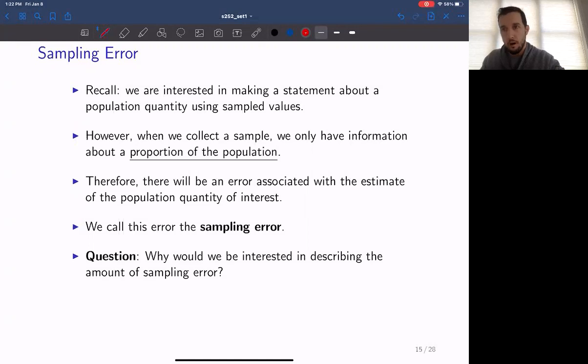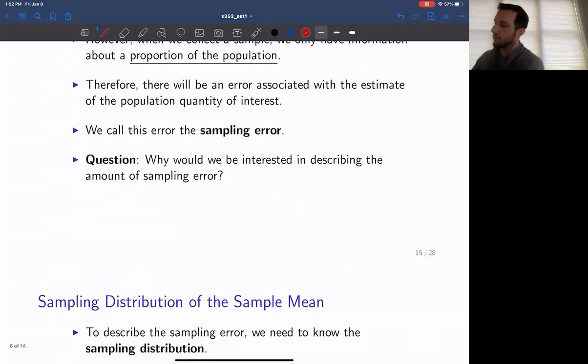So being able to quantify this margin of error is very important in terms of providing reliable guidance, for maybe policy making and things like this. Okay, so as I just said, the reason we would be interested in describing the sampling error is so that we can reliably give an interpretation of what we are observing in the population.